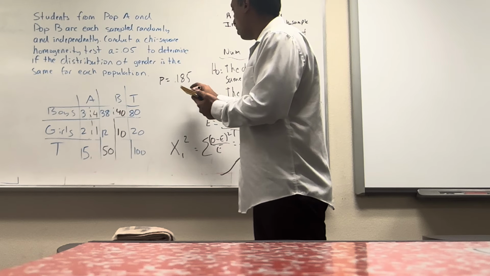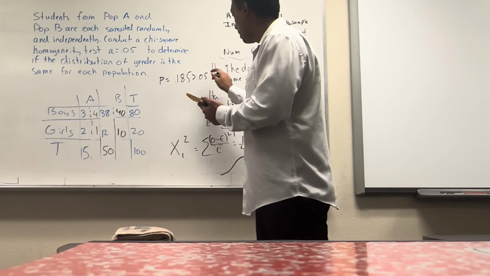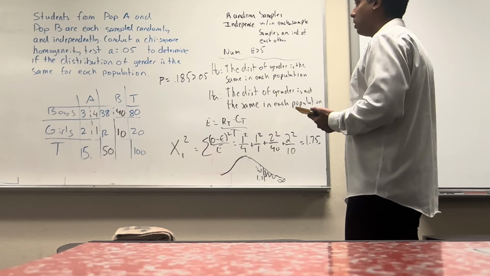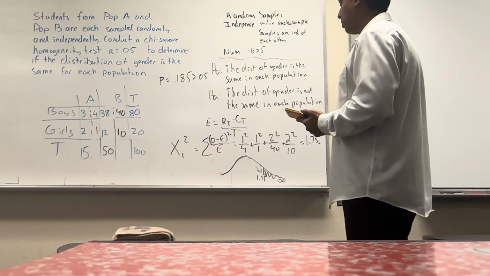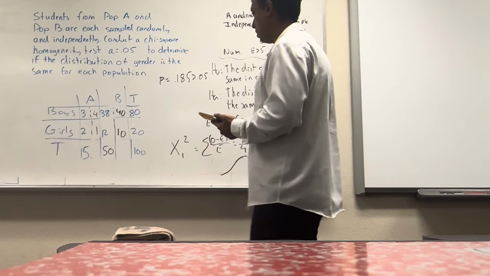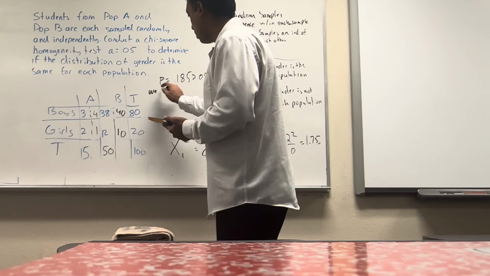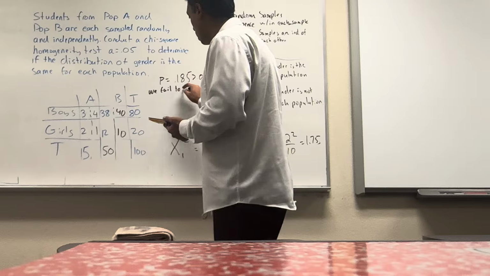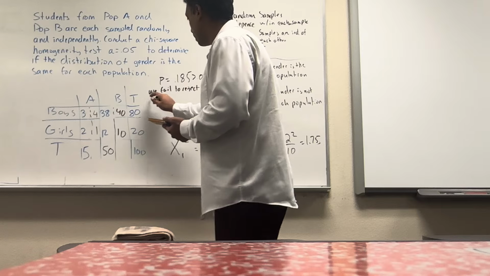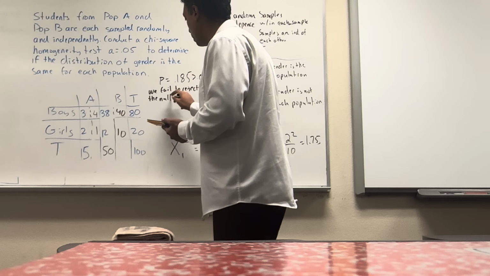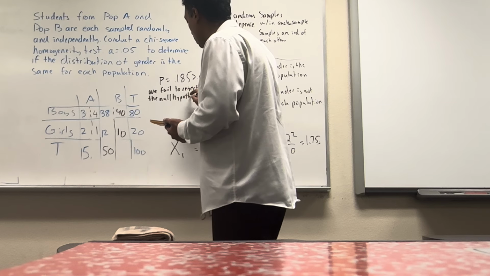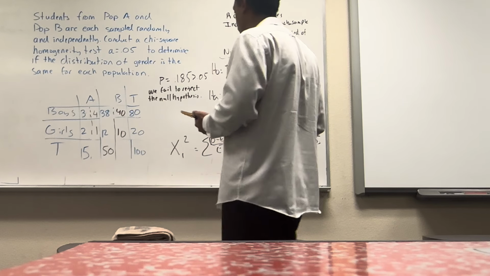So I get my p-value, and I get my p-value is 0.185. So that is greater than my alpha level, greater than A. So we fail to reject the null hypothesis, okay? We fail to reject the null hypothesis.